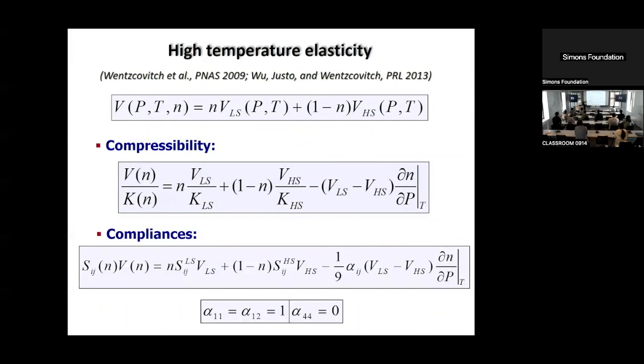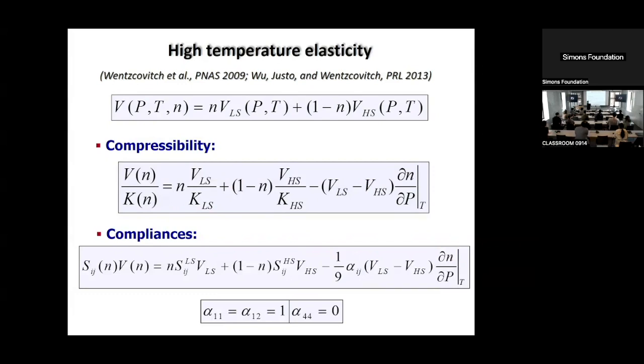You can derive similar expressions for the components of the compliance tensor, which is the inverse elastic tensor. Also, the components interpolate linearly between those of the end members and have an anomaly term here, but there is a prefactor that depends on the kind of strains involved in that particular coefficient. If the strain does not change volume in first order, which would change the low spin fraction, then you don't have this term.